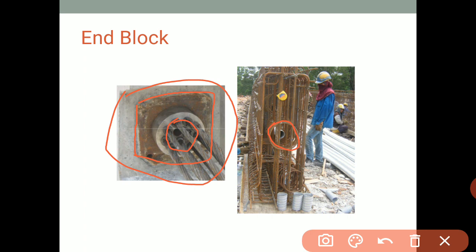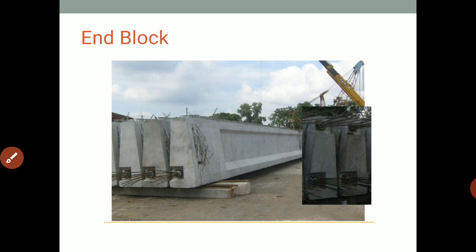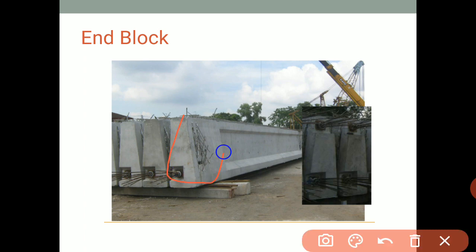So we have to take care of this part specially, this part. Now is it clear why we have to design for the end block and what the end block is? To avoid the wear and tear, or to avoid the flared sections, we have to take care of this particular special part.